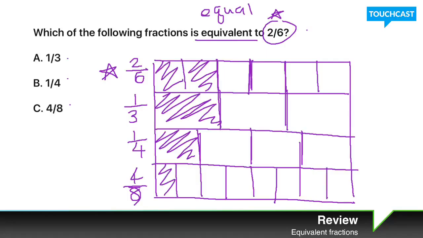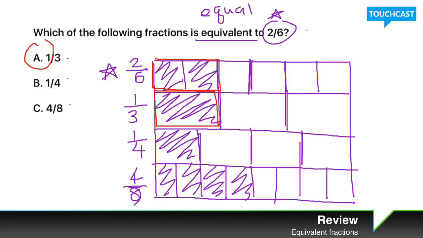And I'm shading 1, 2, 3, 4. So it's pretty clear right now that 2 over 6 is the same size as 1 over 3. So our best answer would have been A. Check your work and make sure that your fraction bars were just as equal as mine.